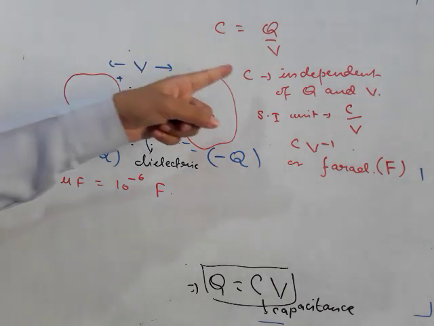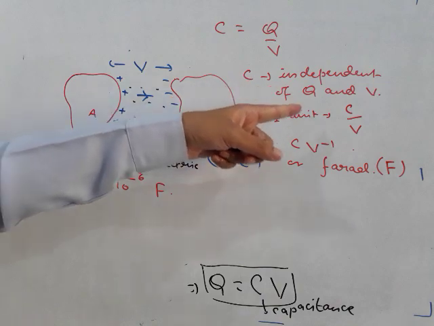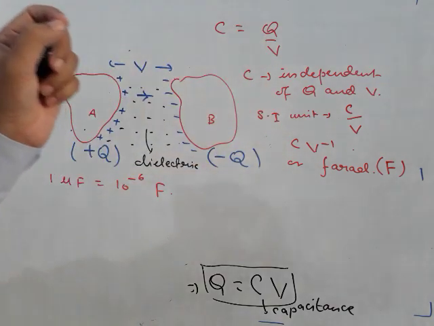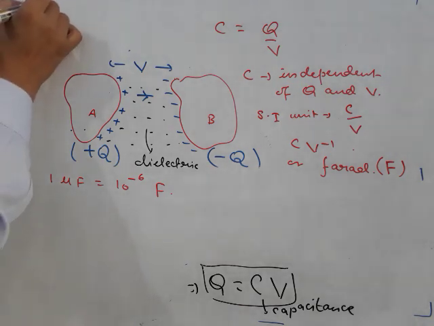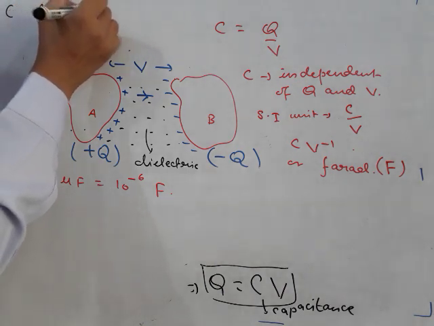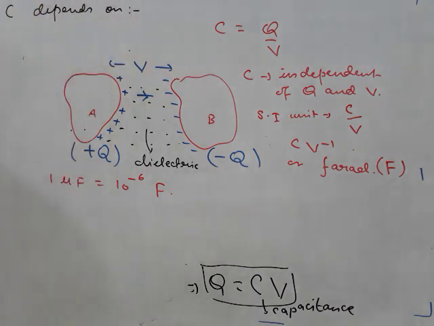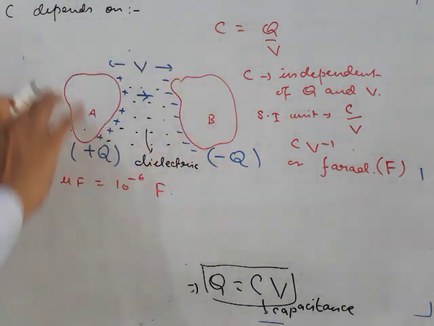As I discussed, this capacitance does not depend upon Q or V. Are there some factors on which C depends? It comes out to be yes. So the capacitance C of a capacitor is found to depend on the structure, or the shape and size, of this capacitor.